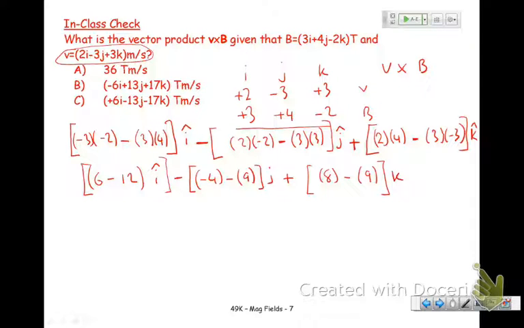Okay, minus 9, thank you. So that's 6 minus 12 is minus 6i. And then we have minus 4 minus 9 makes minus 13, and minus makes plus, so that's plus 13j. And then we have 8 minus 9, which is like 8 plus 9, which is 17, and it's plus.